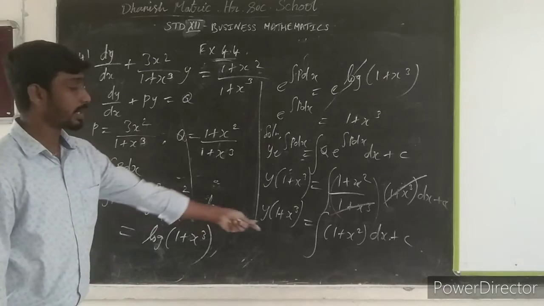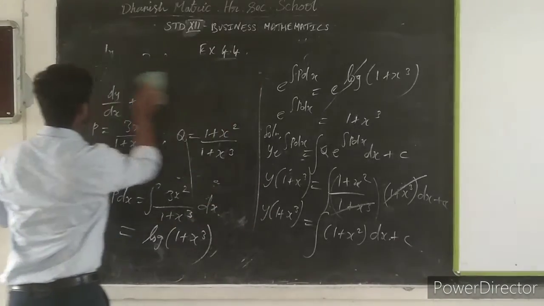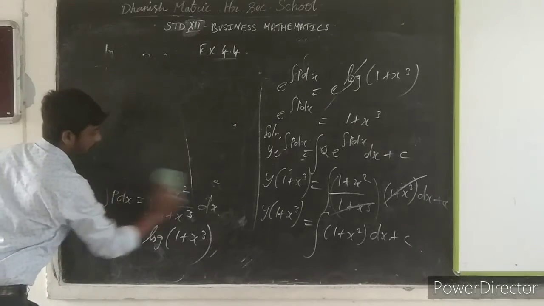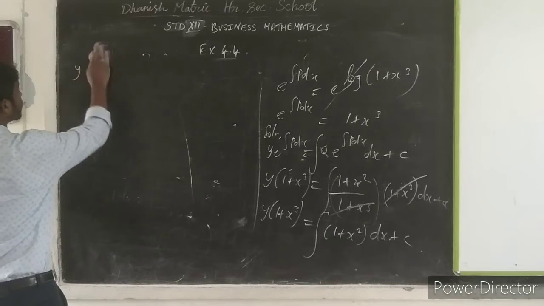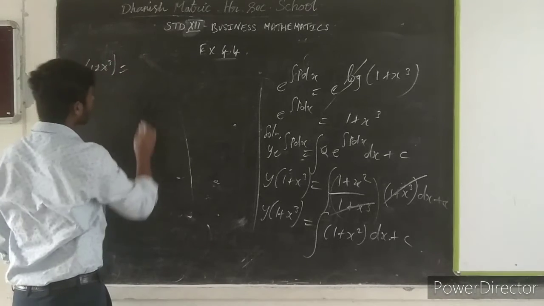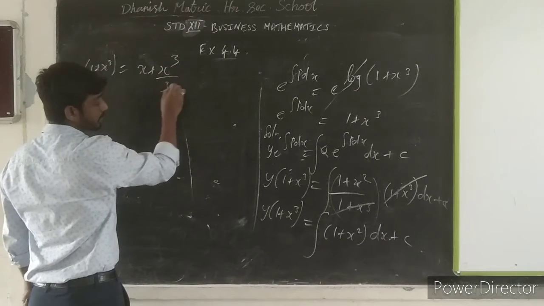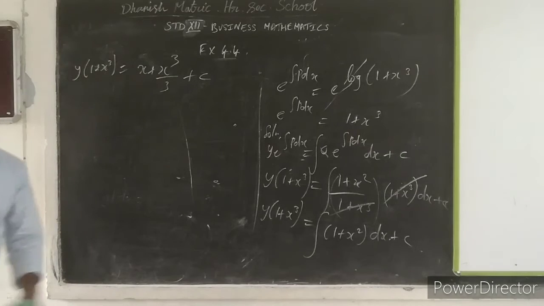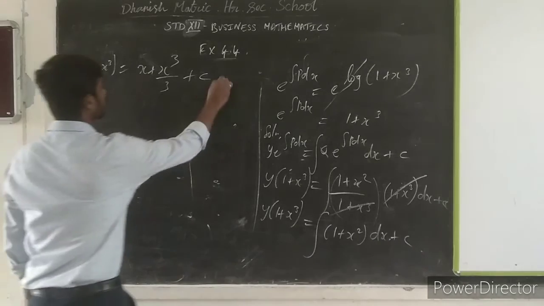So now you are going to integrate the RHS side. y into 1 plus x cube equal to, integrate of 1 will be x plus x cube divided by 3 plus c, a constant for the sum.